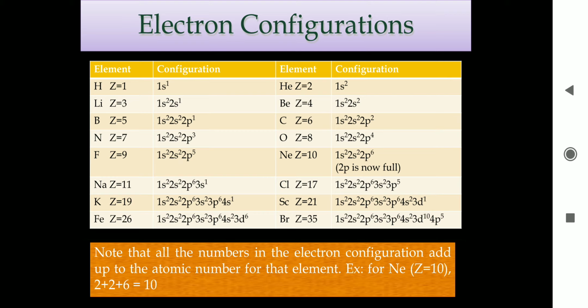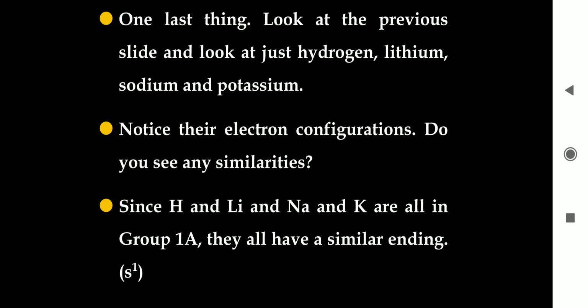Here are the electron configurations of some elements. One last thing, look at the previous slide and look at just hydrogen, lithium, sodium and potassium. Notice their electron configurations. Do you see any similarities?